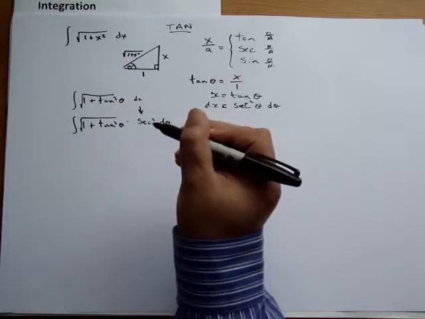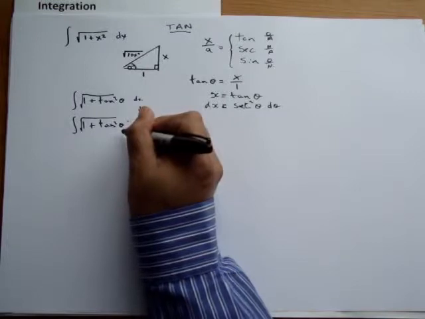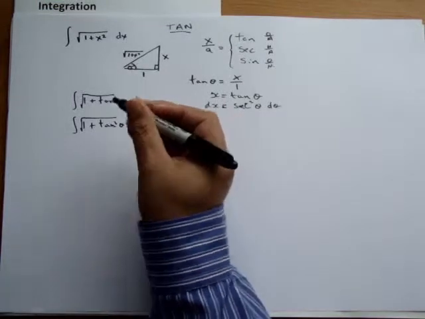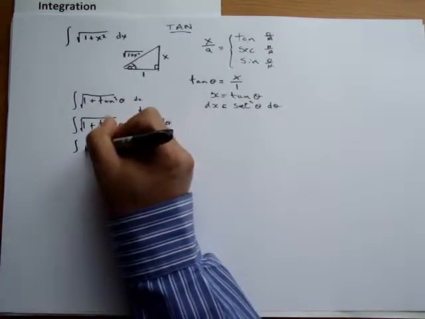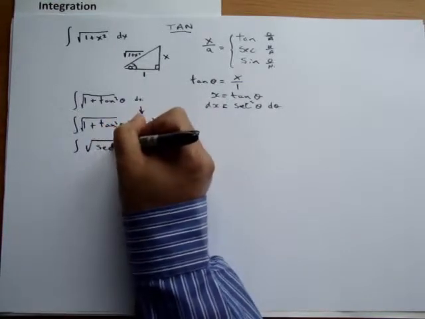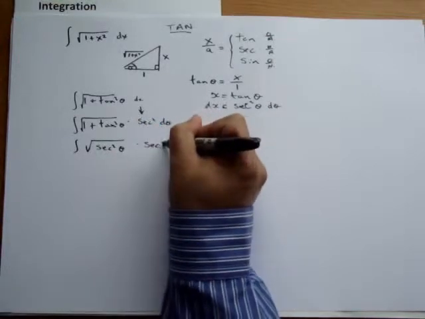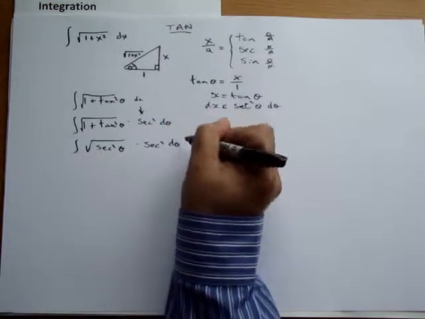This is the identity: 1 plus tan squared theta equals sec squared theta. So this becomes sec squared theta, sec squared d theta.